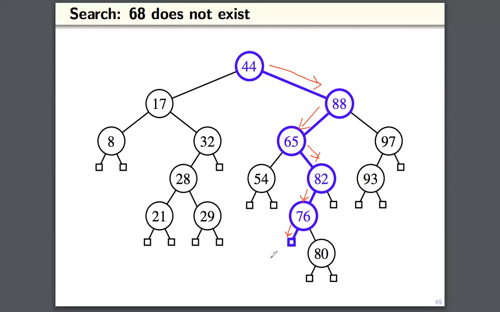And what did you hit? Your current node is a null node. When you recursively search for this value in the tree and you hit a null node, what does that mean? The number you are searching for was not found. Unsuccessful search. Simple.